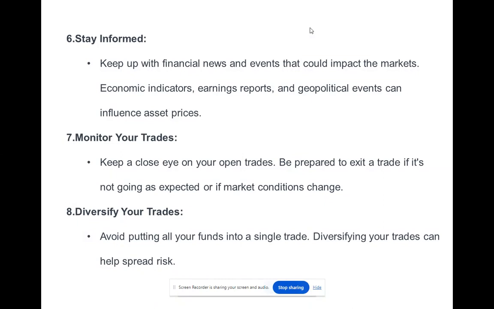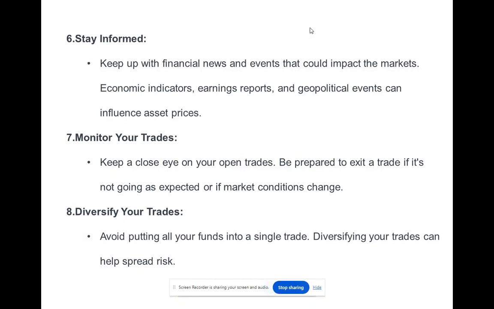Don't trade during the news because you don't know what the market is going to do. It's not possible to predict what the market is going to do in the future. You just have to apply some analysis that will help you predict if the answer is yes or no. So you must keep up with financial news.